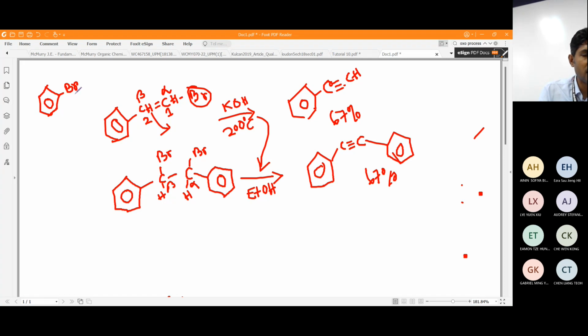It is not on a branched chain. There is no CH2 attached to this. This bromine, or let's say iodine or chlorine, is directly attached to this. So why does it not do SN1, SN2, or elimination 1, elimination 2 reaction? Why does it not do this? Interesting thing.